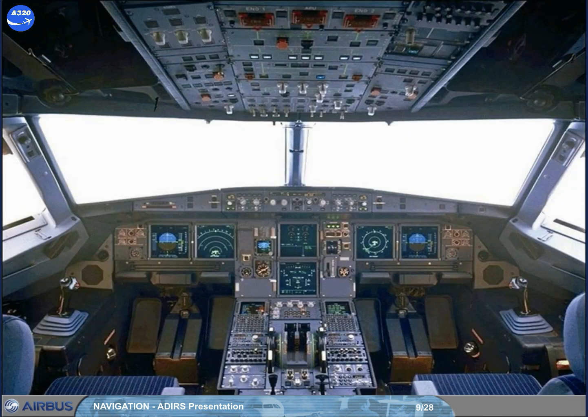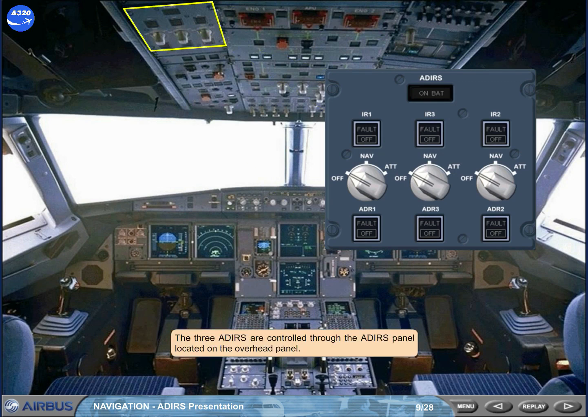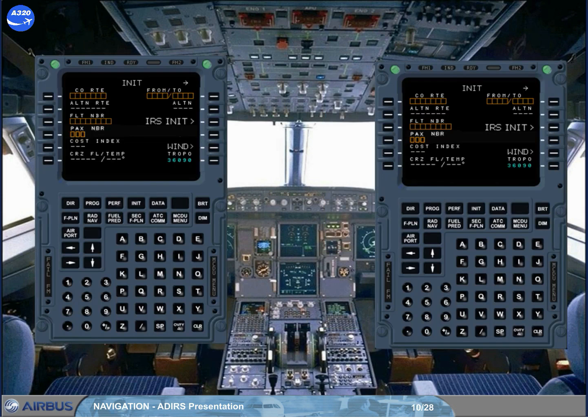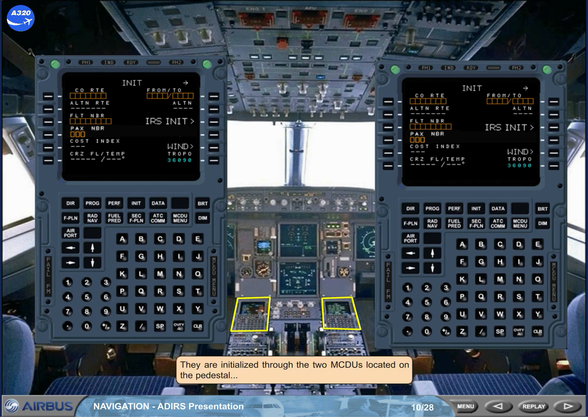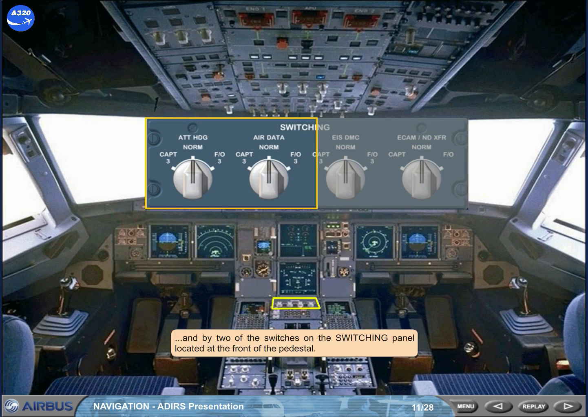The 3 ADIRS are controlled through the ADIRS panel, located on the overhead panel. They are initialized through the 2 MCDUs located on the pedestal and by 2 of the switches on the switching panel located at the front of the pedestal.